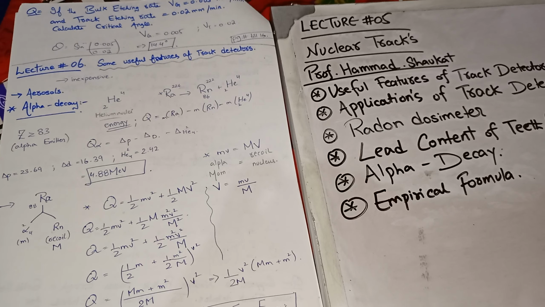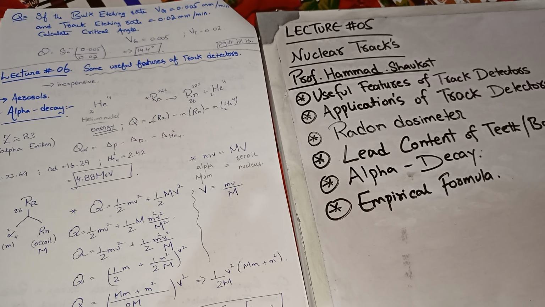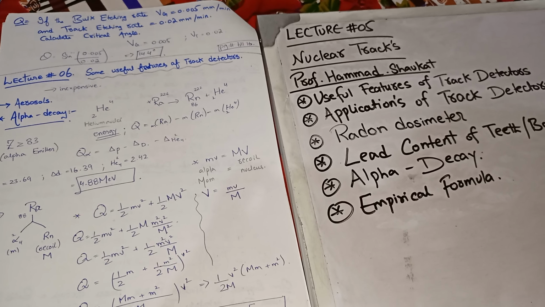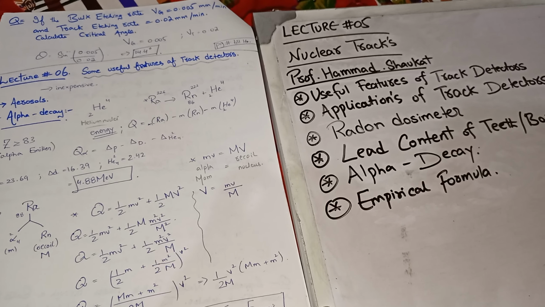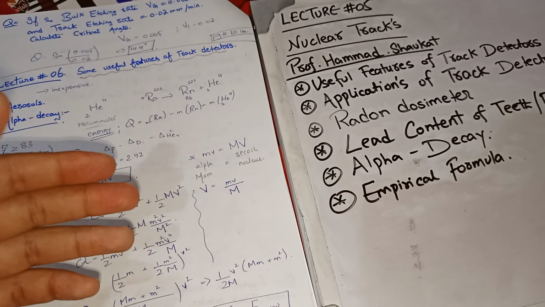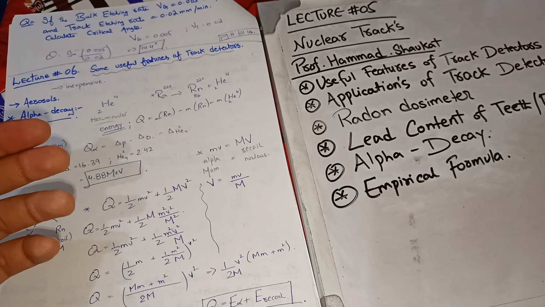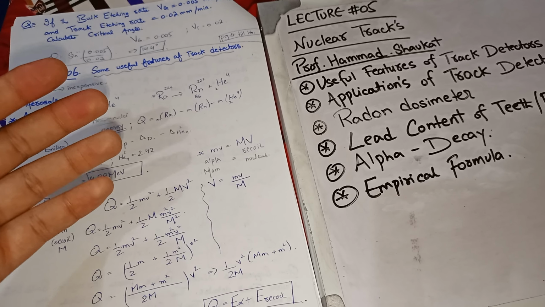First of all, we will shortly discuss some useful features of track detectors. The first useful feature is that they are inexpensive. They are not expensive. They are convenient to use and quiet.